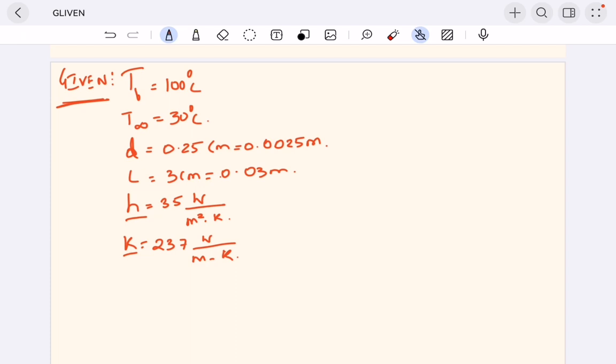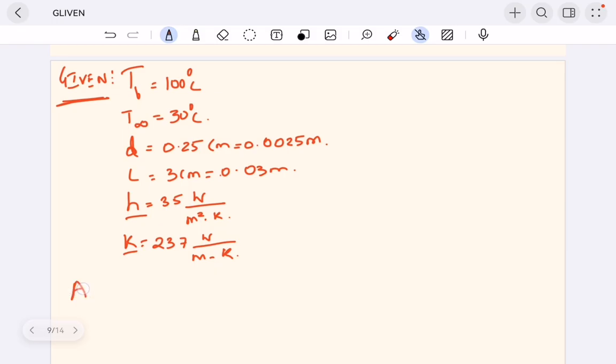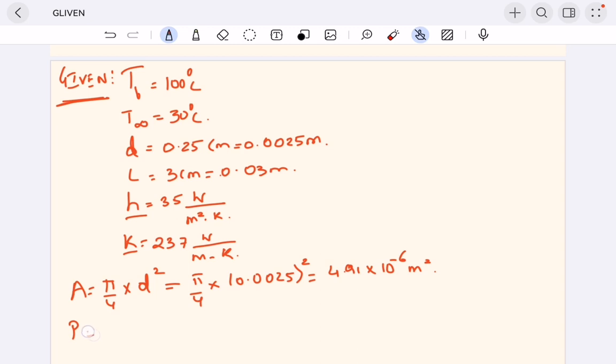We can calculate the area of the fin. It's pi by 4 d square. So pi by 4, we know the d, it's 0.0025 square. So we'll arrive at 4.91 times 10 power minus 6 meter square. We can also calculate the perimeter of the fin, that is pi times d.